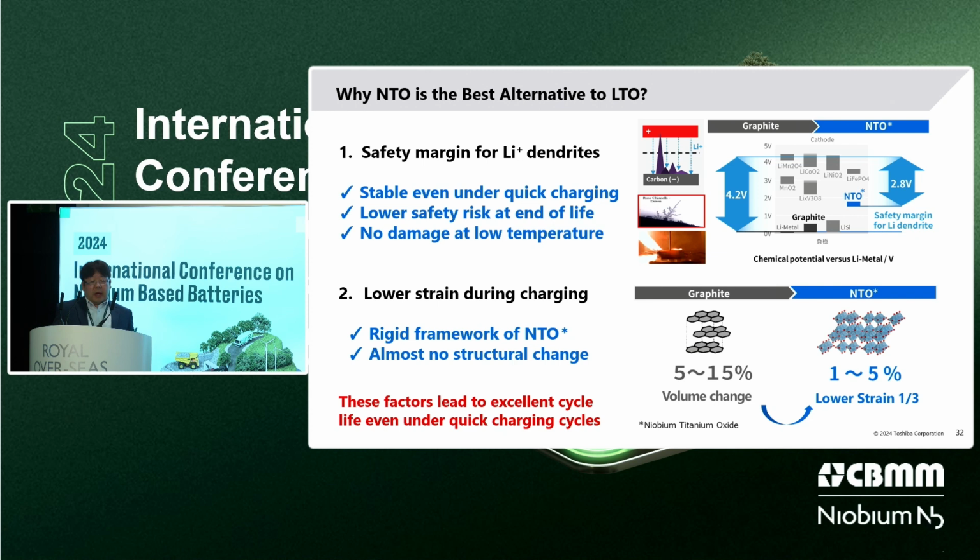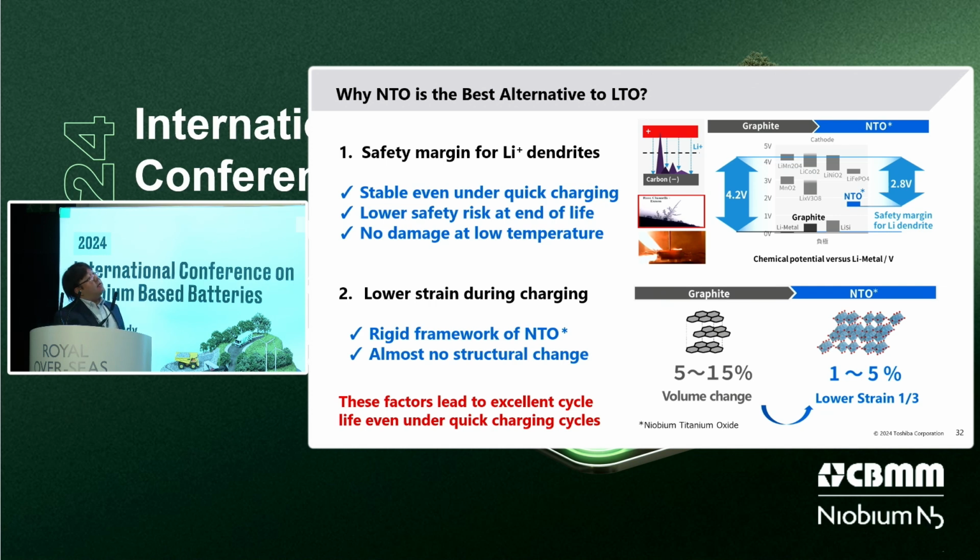And also, I will explain the reason why NTO is the best alternative to LTO. There are 2 reasons. One is a safety margin for lithium dendrites. As you can see here, this is a comparison of the potential of the electrode materials for both graphite chemistry and NTO chemistry.